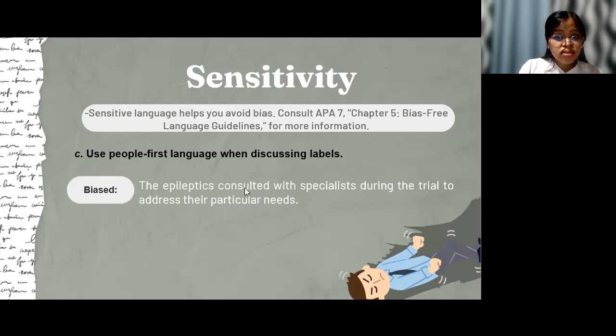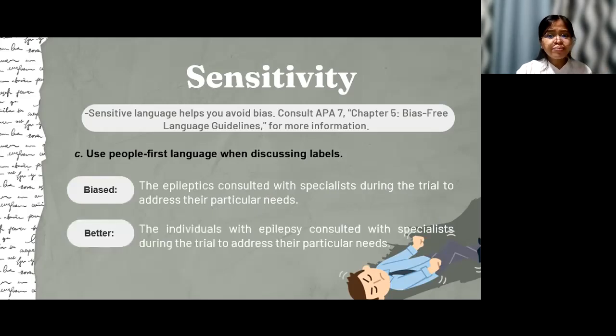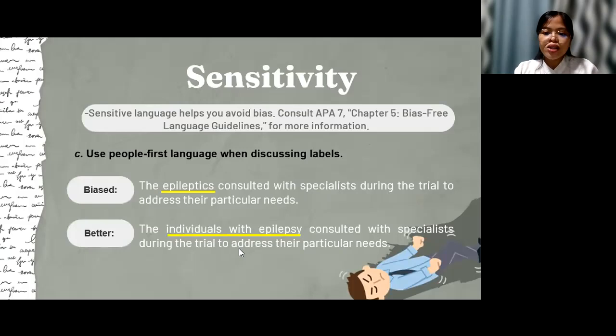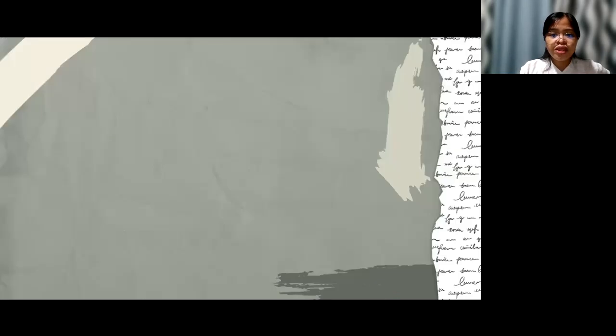Consulted with specialists during the trial to address their particular needs. Instead of saying epileptics, we can say the individuals with epilepsy. Remember, we have to use people-first language when discussing labels. Epileptic might be a negative term for them. All right, let's move on.